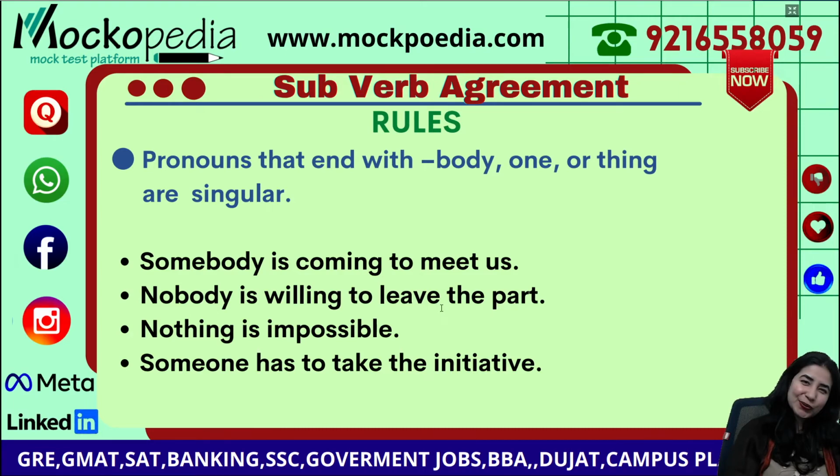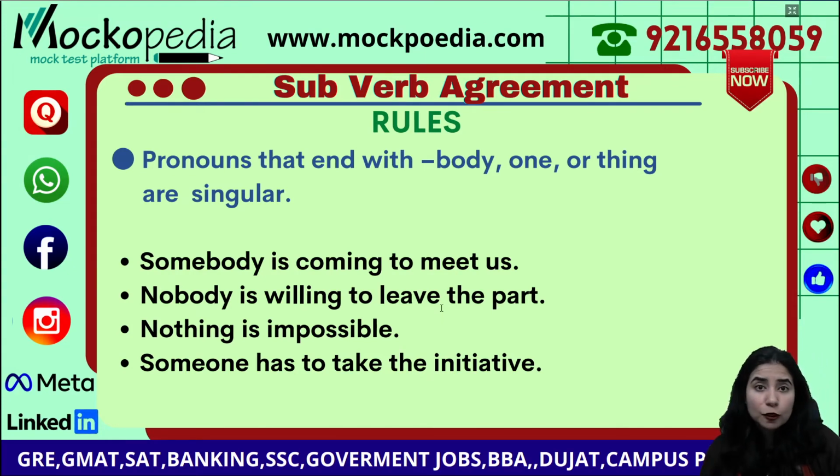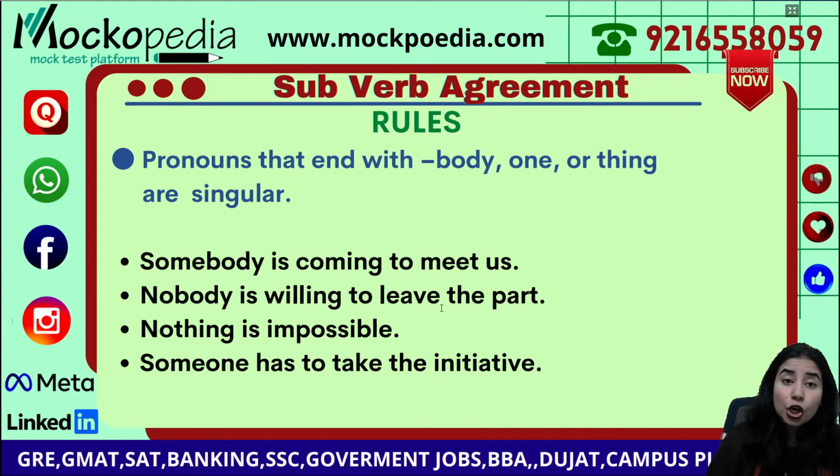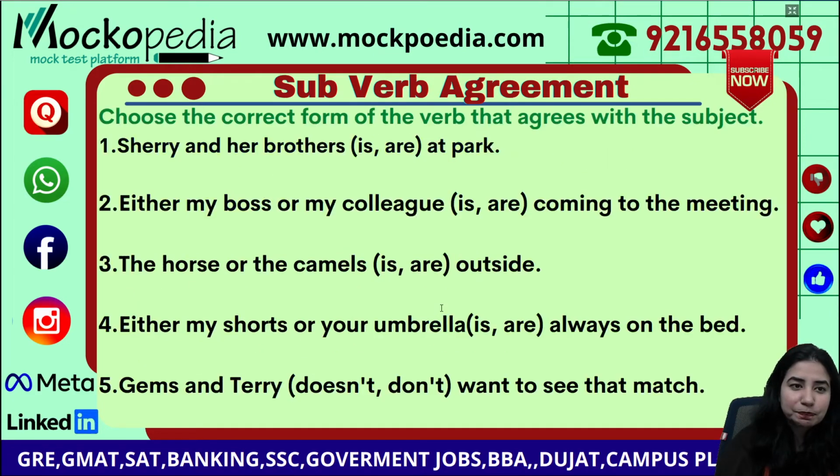All these pronouns are considered singular, and hence the verb is going to be singular. Keep on revising the rules. You can make some flashcards, you can solve the questions there and then so that the momentum continues and you don't forget, right? So let's proceed.